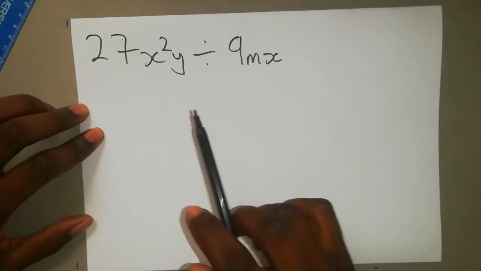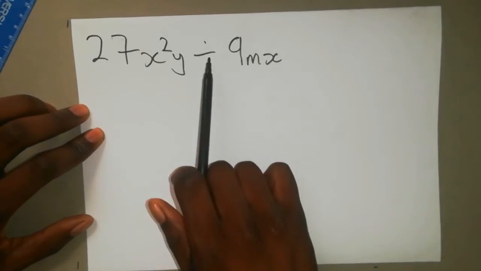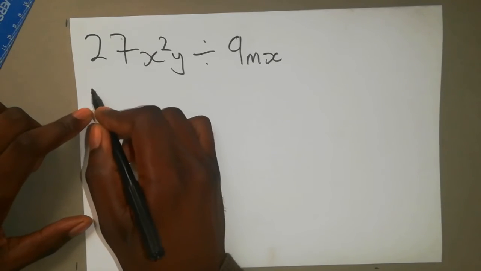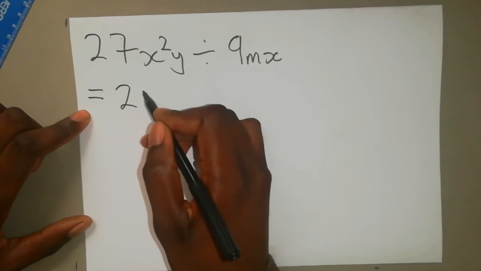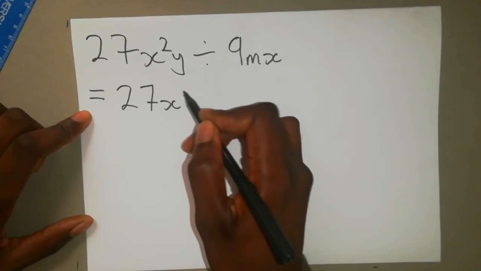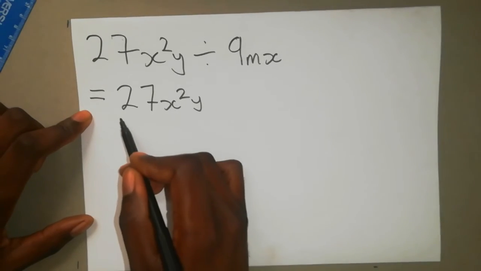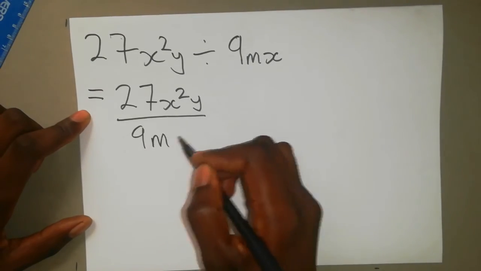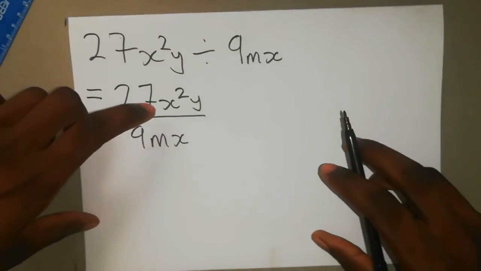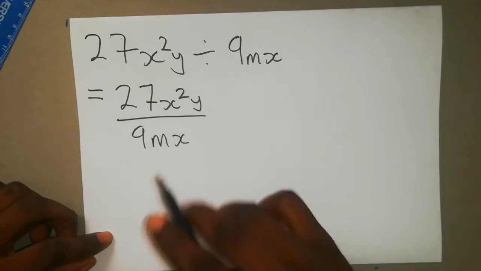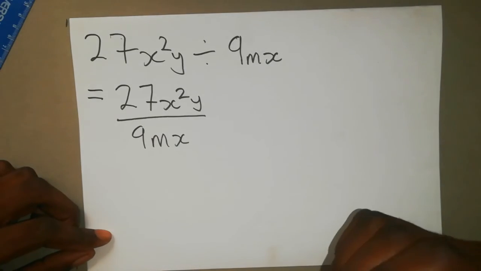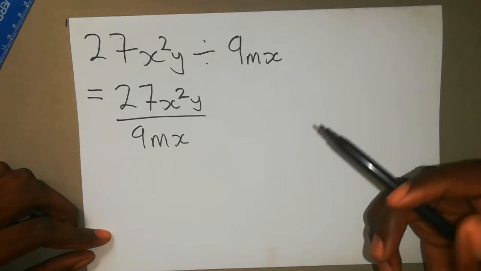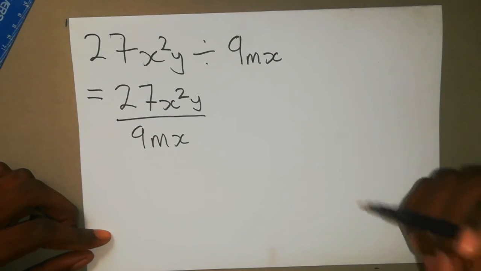So whenever you come across a question structured like this, restructure the question and arrange it in this format: equals 27x squared y divided by 9mx. This form of structuring your answer will make it simpler for you to easily divide and easily denote how your answer is going to be structured.